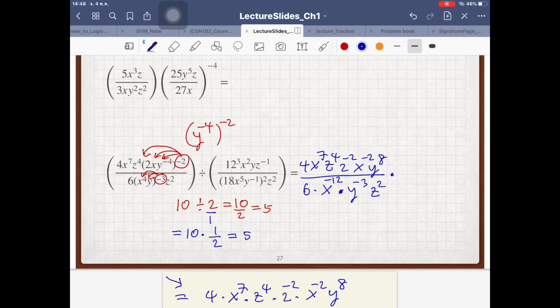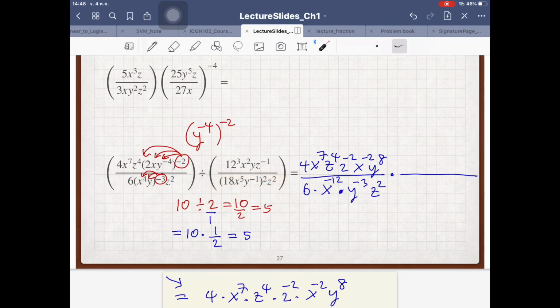So in this case, you have multiplying. And then first, you still get a fraction again. But first, let's put this term to be the top term or the numerator.